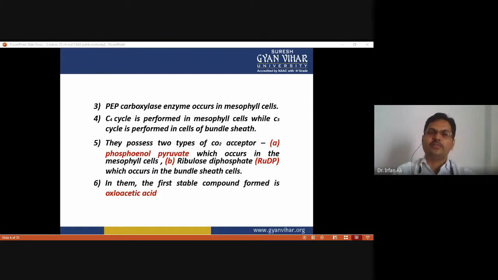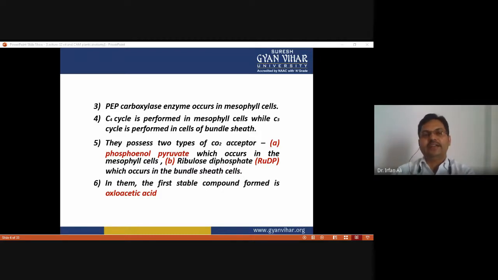Due to the presence of PEP carboxylase, or phosphoenol pyruvate carboxylase, the mesophyll cells are able to fix carbon dioxide and form the 4 carbon compound oxaloacetic acid. So this is another major difference between the C3 and C4 plant.